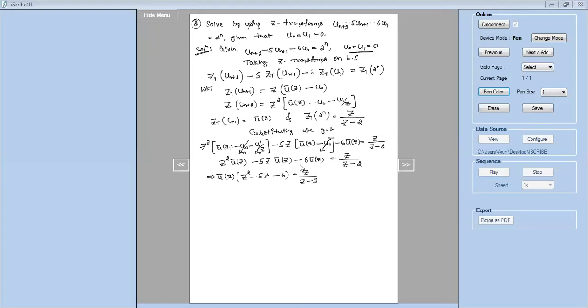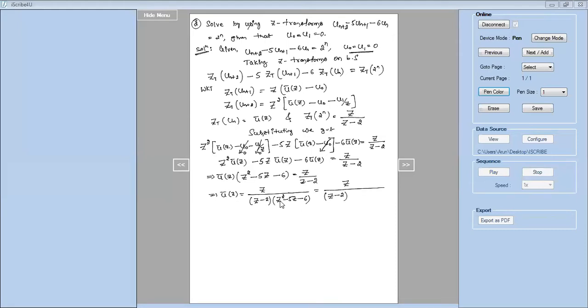Or I can write this as u bar of z equals z by z minus 2 into, let us send this to the right hand side, the denominator z square minus 5z minus 6. So I get u bar of z is equal to z by z minus 2 into z square minus 5z minus 6.